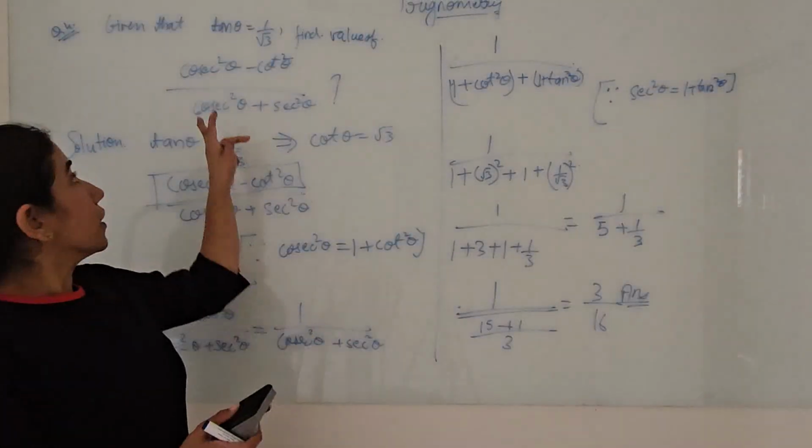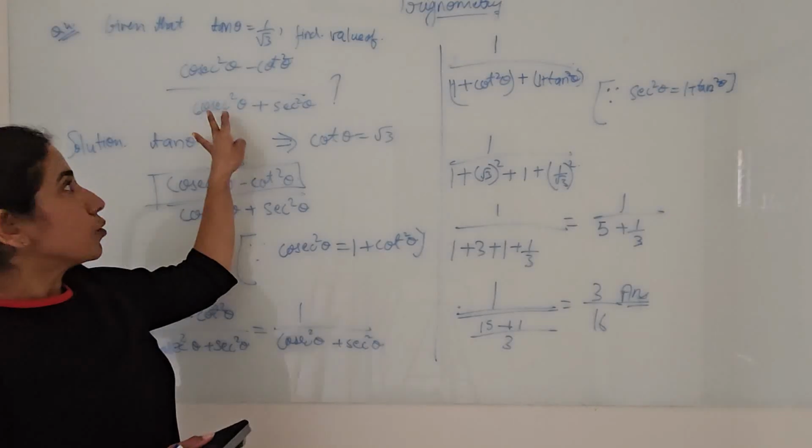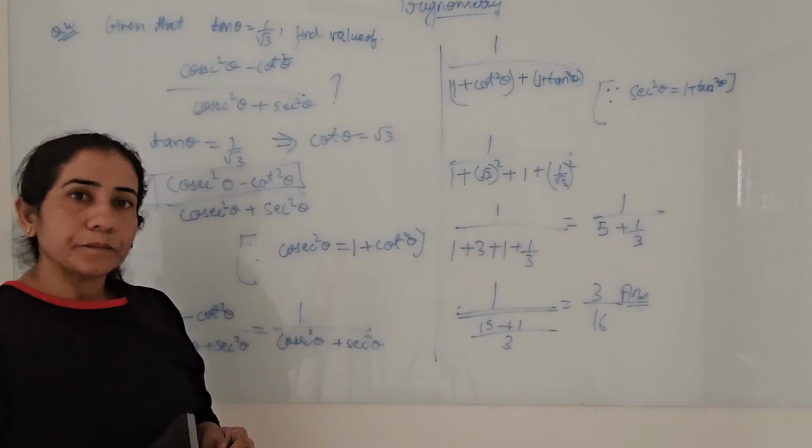The value of the given expression, that is cosec square theta minus cot square theta upon cosec square theta plus sec square theta, is 3 upon 16.